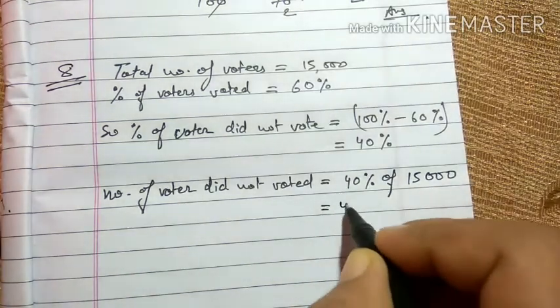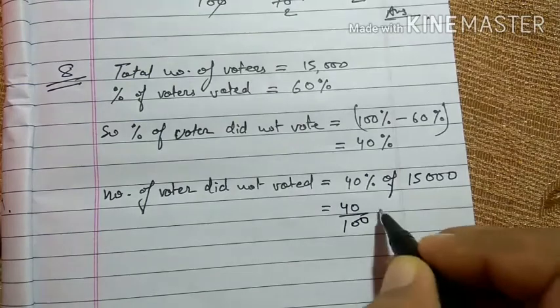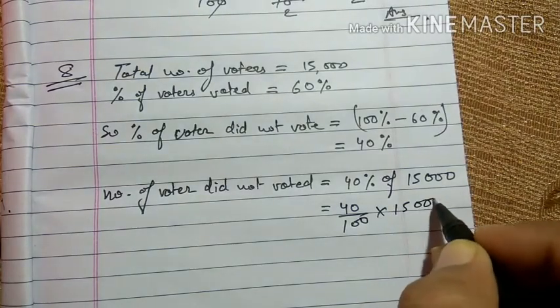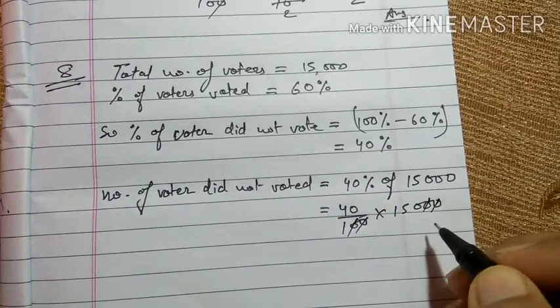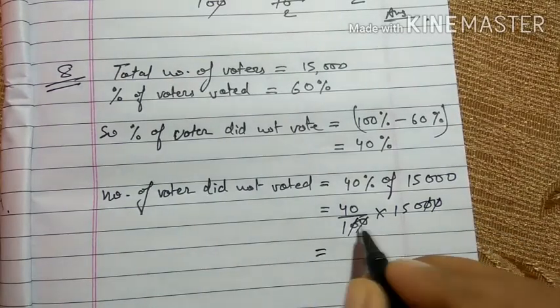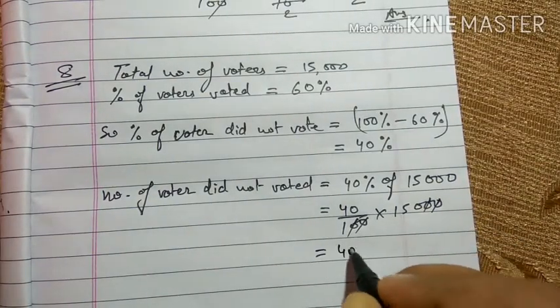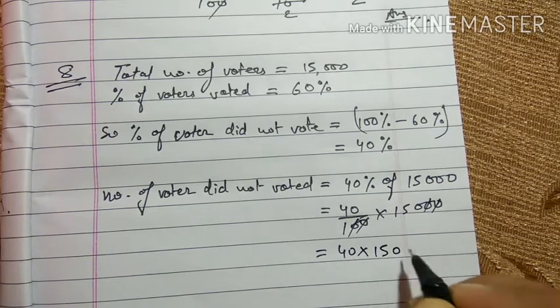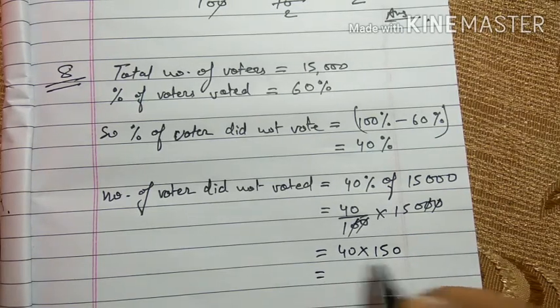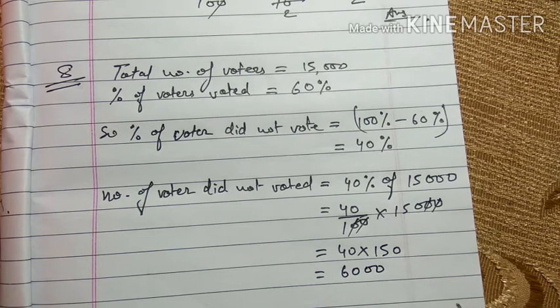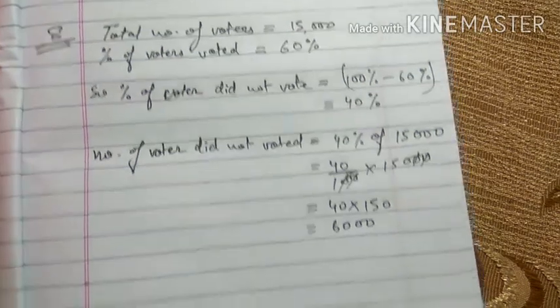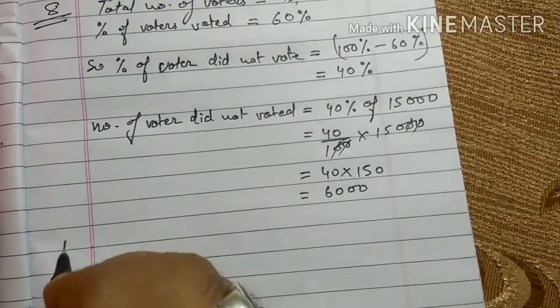So this will be equal to 40 by 100 into 15,000. So we will cancel these two zeros from here. So it is 40 into 150. So 15 fours are 60 and two more zeros, so it is 6,000. So 6,000 voters did not vote. This is the final answer.